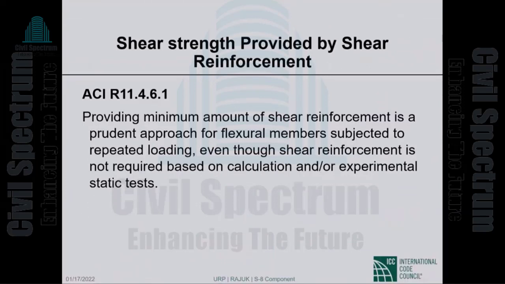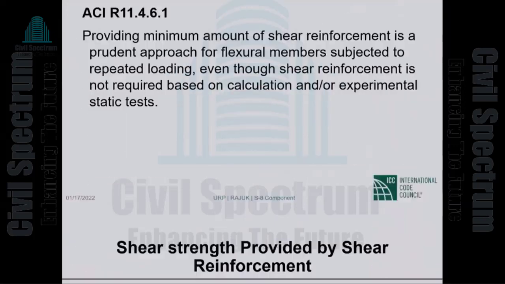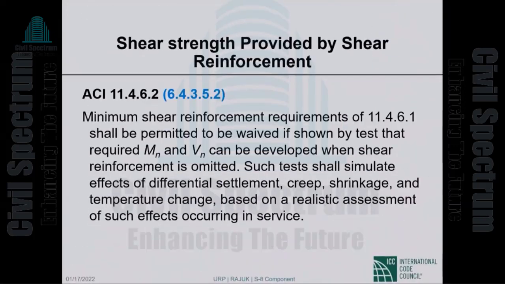Providing minimum amount of shear reinforcement is a prudent approach for flexural members subjected to repeated loading, even though shear reinforcement is not required based on calculation and or experimental static tests.